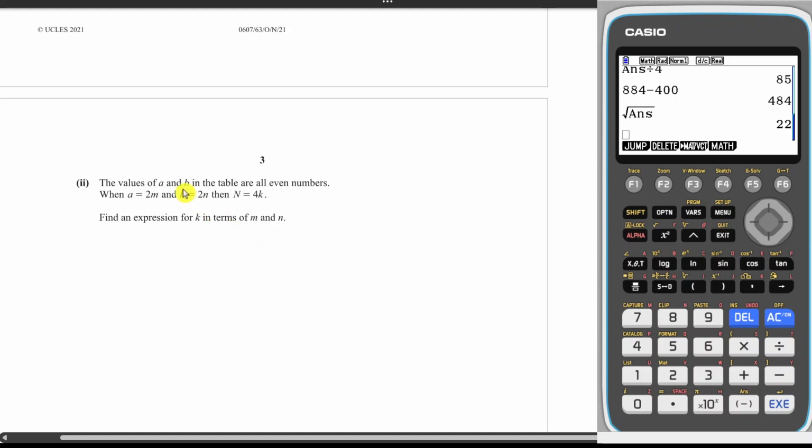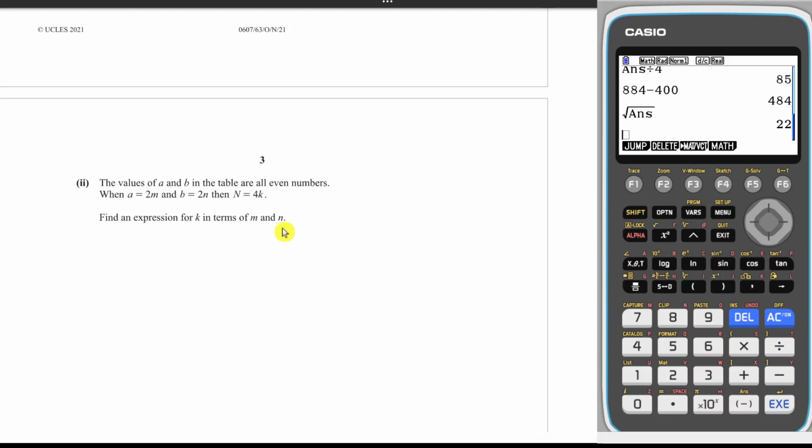Next, the values of a and b in the table are all even numbers. So when a is equal to 2m and b is equal to 2n, then n is equal to 4k. Find an expression for k in terms of m and n. Again we have n is a squared plus b squared, so we'll just substitute the values. n is equal to (2m) squared, that is my a squared, plus (2n) squared, that is my b squared.